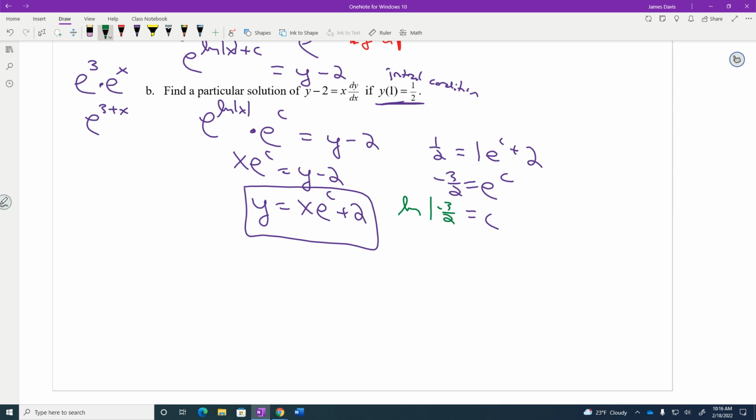We just need to take the absolute value of the natural log, so it just becomes the natural log of the answer. And then when you plug it in, it actually works okay, because when you do x e to the natural log of the absolute value of negative 3/2, these cancel anyhow, so it just leaves negative 3/2 x plus 2 as your answer.